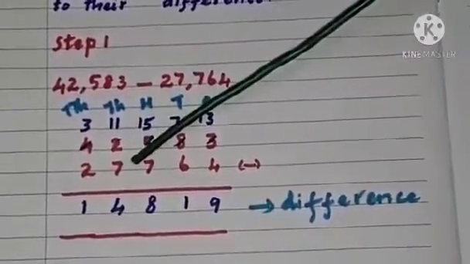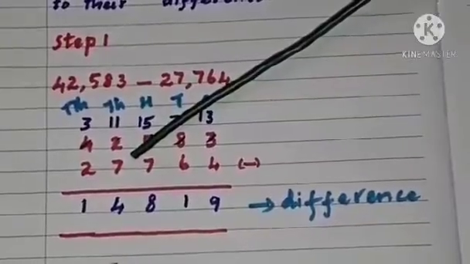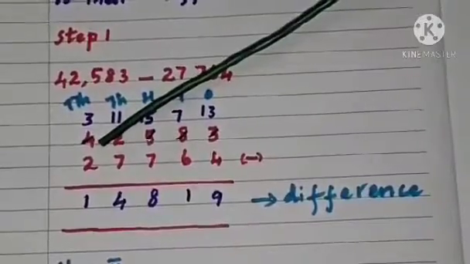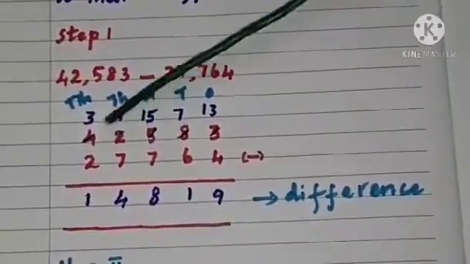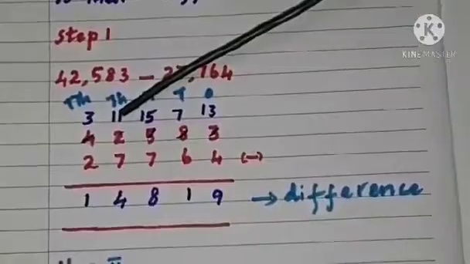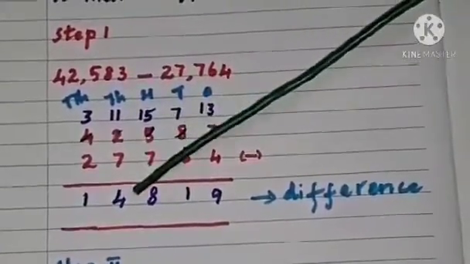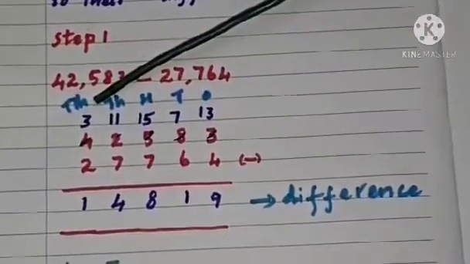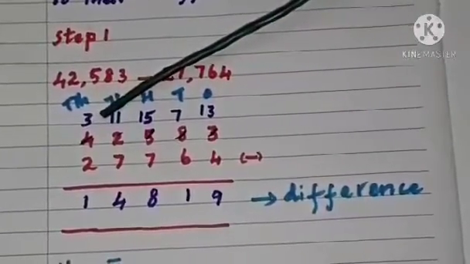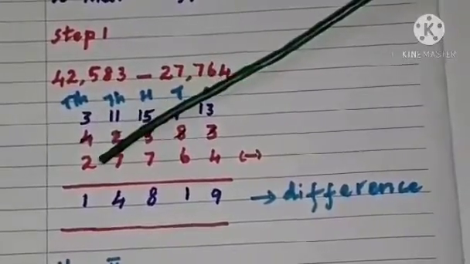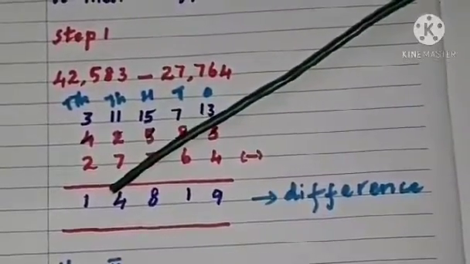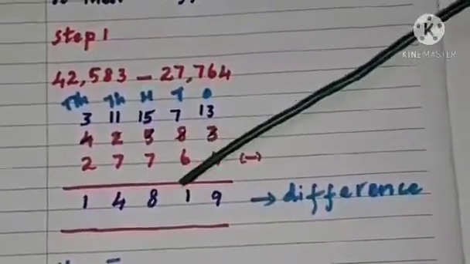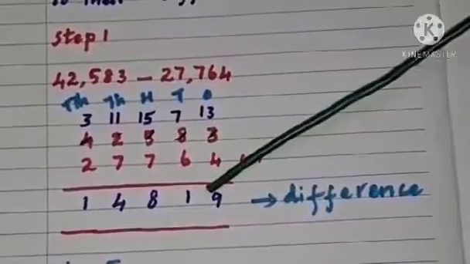So, we cannot subtract 7 from 1. So, we have to borrow 1 from 10,000s place. Now, it becomes 11. 11 minus 7 equal to 4. Next, move on to the 10,000 place. Here we have 3. 3 minus 2 equal to 1. Now, we get the answer 14,819.